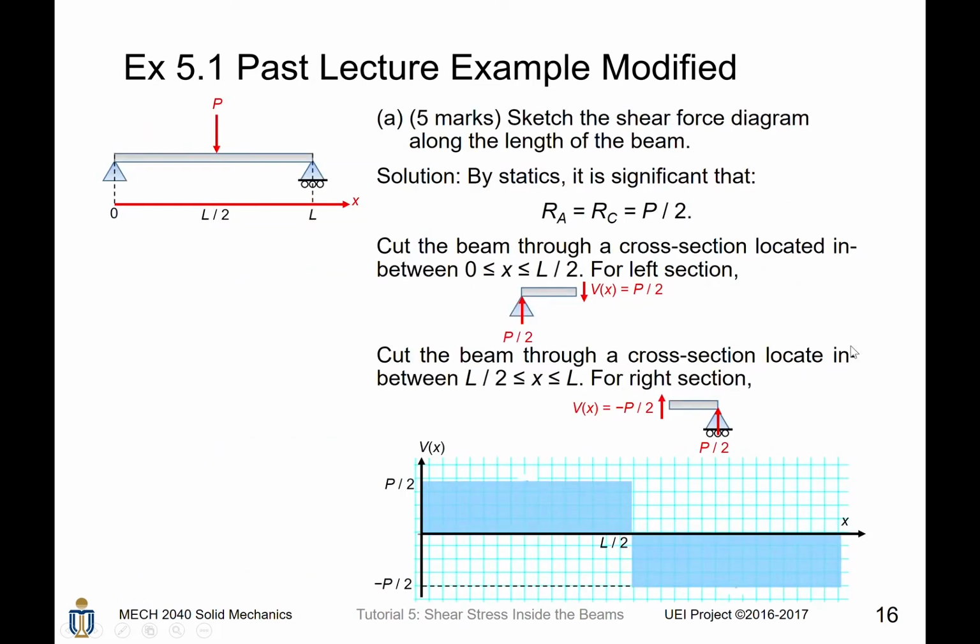First, we try to sketch the shear force diagram along the length of the beam, which is very easy. If we cut the beam between 0 and L/2, so we cut the beam here, then by sign convention of the beam, the shear force inside the beam is Vx equals P divided by 2, because it is symmetric that the two supports both take the load of P/2.